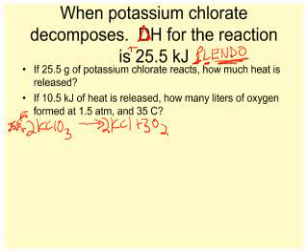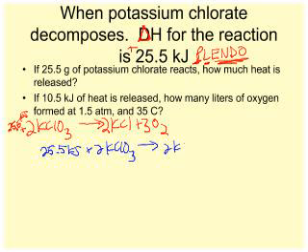Put a plus sign. Sorry about that. Let me just rewrite that: 25.5 kilojoules, because it's endothermic, it goes on the left, plus 2 KClO3 yields 2 KCl plus 3O2. Now, if it didn't say for the reaction, if it said for potassium chlorate, then I would have to divide everything by 2 and have 1s for coefficients.